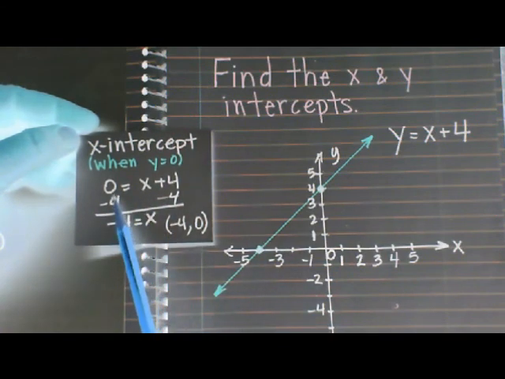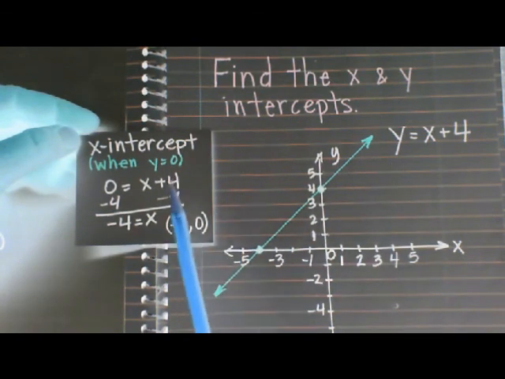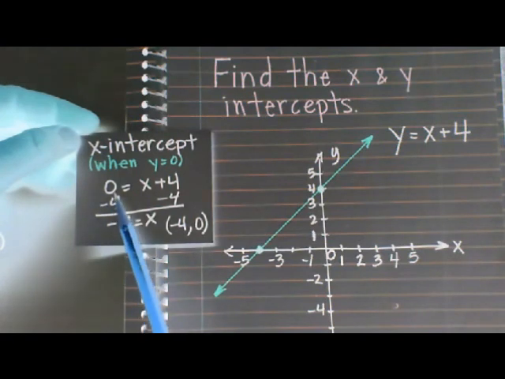So I substituted in 0 wherever there was a y. So the equation left is 0 equals x plus 4. I subtract 4 from both sides, and the result is x equals negative 4. X equals negative 4 when y equals 0. The ordered pair for the x-intercept is negative 4, 0.